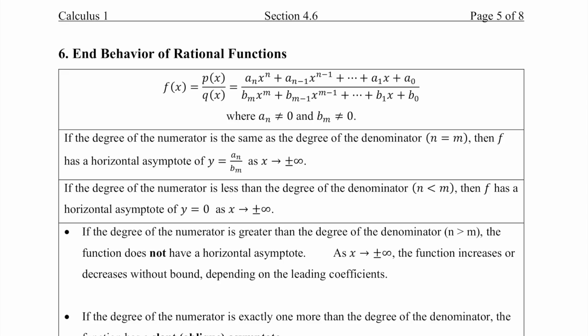For rational functions, the end behavior depends on the degree of the numerator and the degree of the denominator. Case number 1. If the degree of the numerator equals the degree of the denominator, then the horizontal asymptote is the leading coefficient of the numerator divided by the leading coefficient of the denominator.